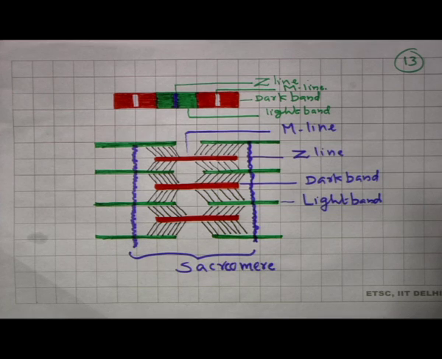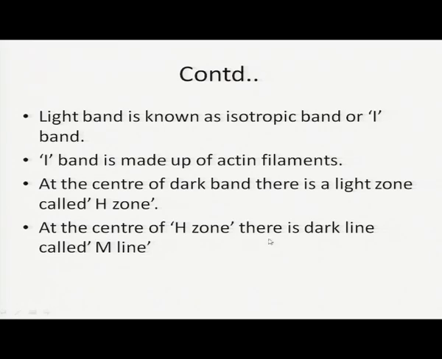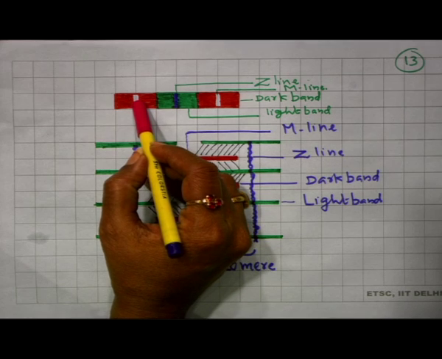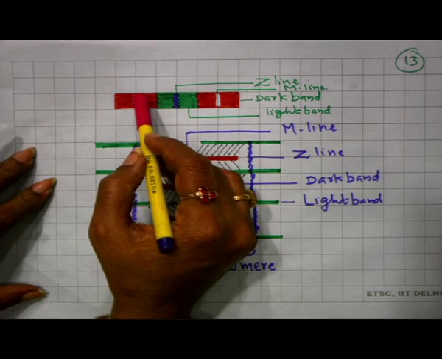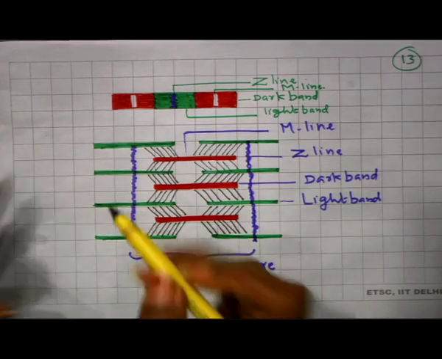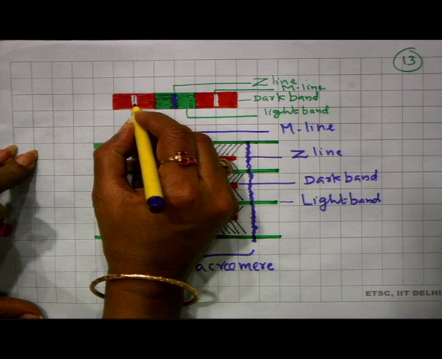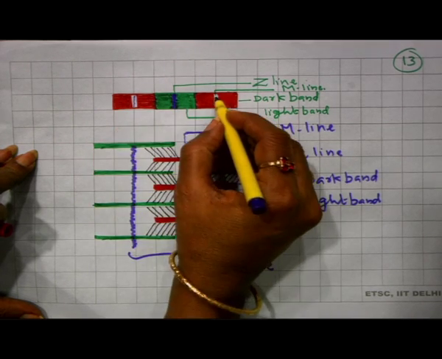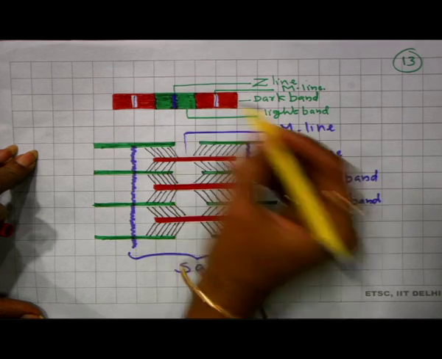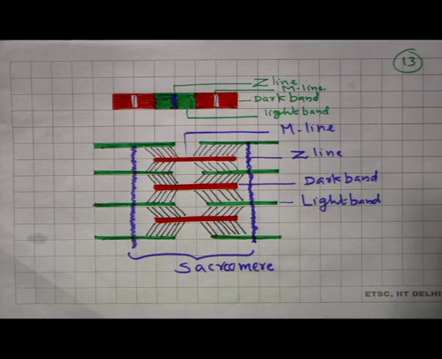At the center of H zone, when you are observing, we can see a dark line, and this dark line is known as the M line.